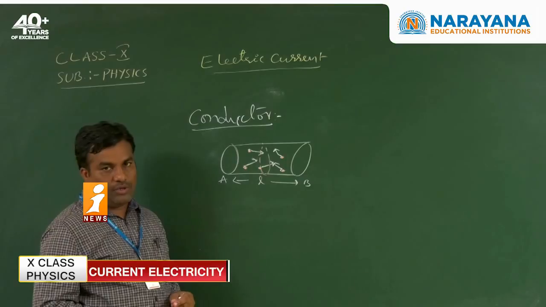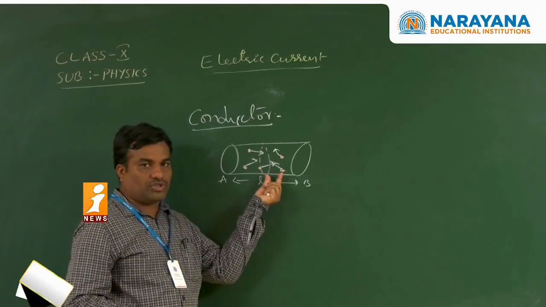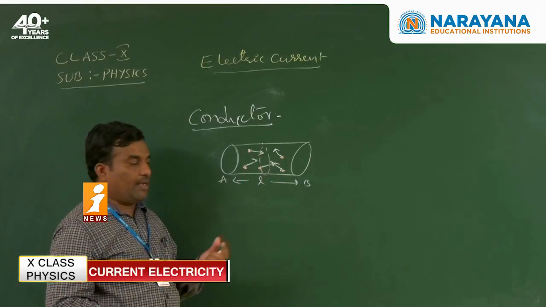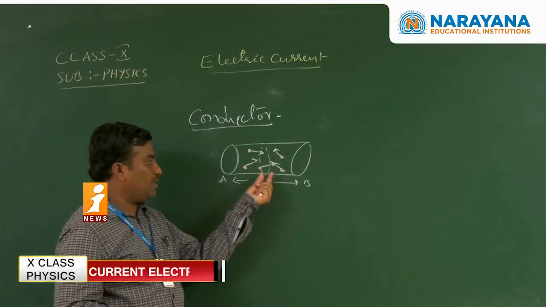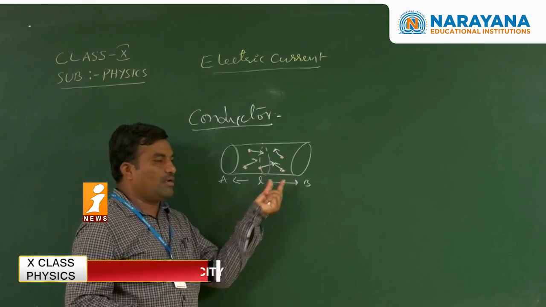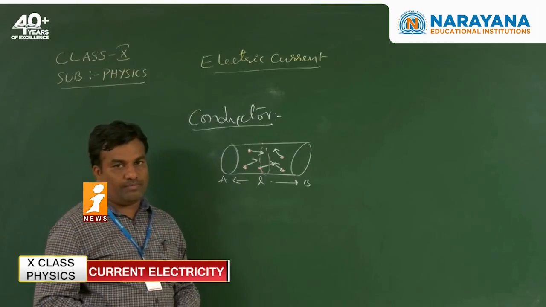So the net charge traveling through any unit cross-sectional area of the conductor is 0. So the net charge on that conductor is 0.